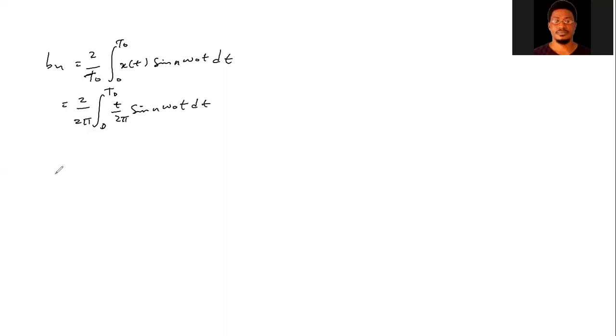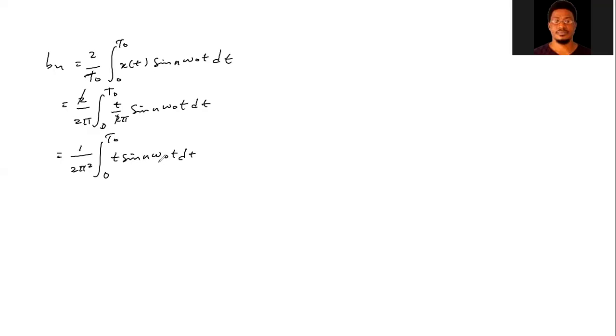And then what we get from this, we truncate this. So we now have 1 over 2π squared integral 0 to T_0 t sin nω_0t dt.